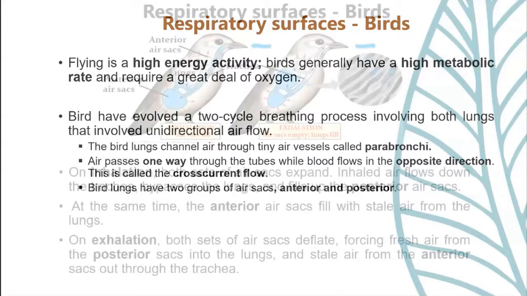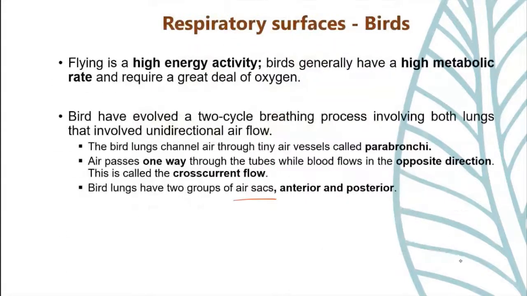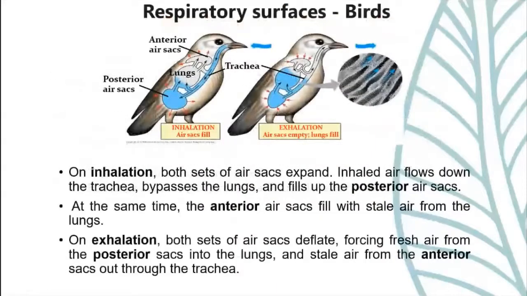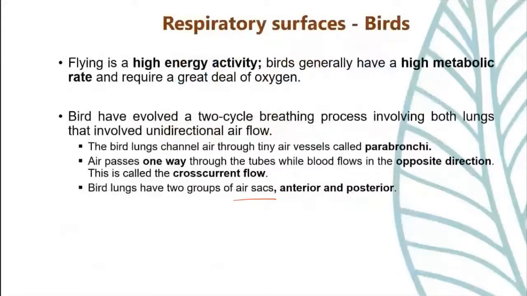So yang awak kena ingat, the major point that you have to take note is that for birds they use two cycle breathing process, and also they have the flow of the air once it enters into the bird's respiratory system. The flow of the air is unidirectional, in one direction. Masuk, simpan, lalu lung, simpan balik, and then keluar.